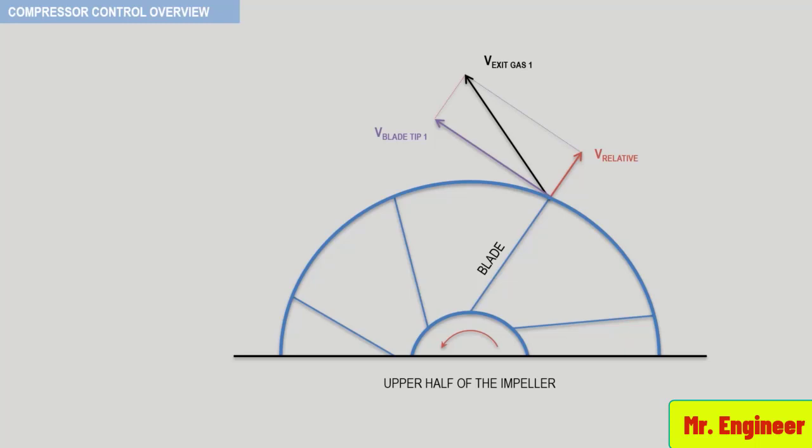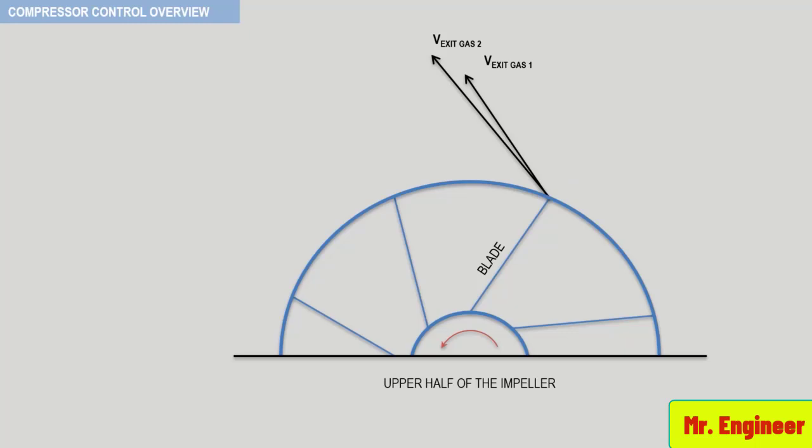Now, by increasing the speed of the compressor, the blade tip speed will increase an equal amount, while the gas relative velocity will remain unchanged. This will result in a new gas exit velocity. Let's now get rid of the blade tip and relative velocities and keep only the gas exit velocities for the discussion that follows.